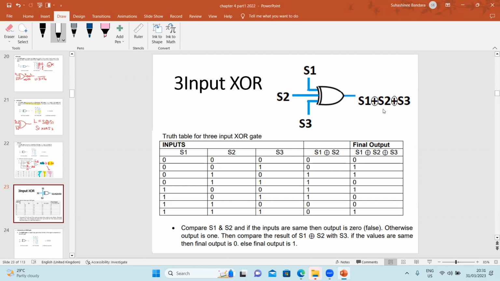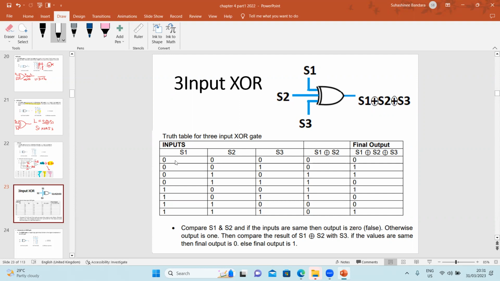Two XORs are working there when we are using a 3 input XOR. If there is a 3 input XOR, then 2 XOR functionalities will be there.